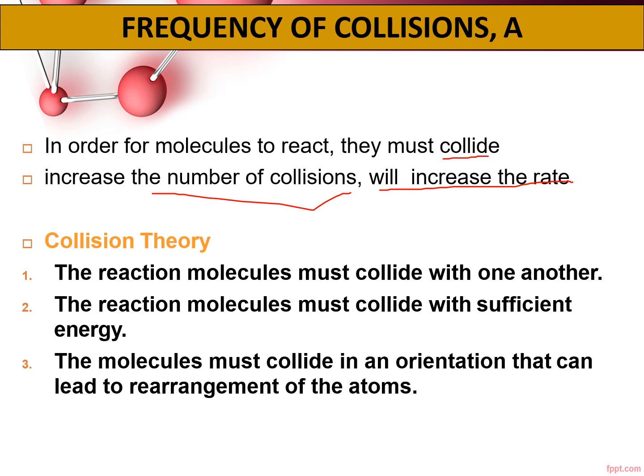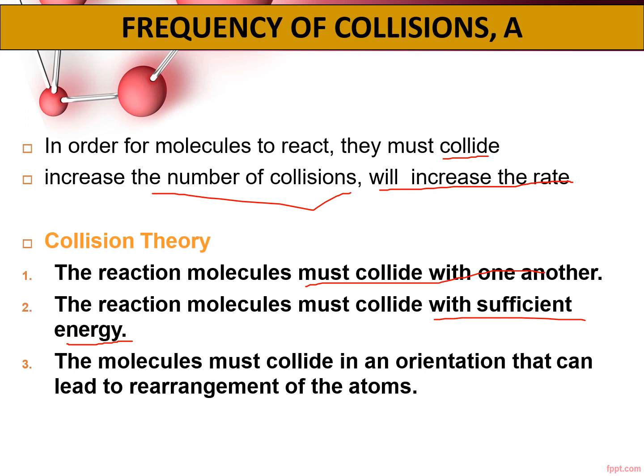So the collision theory is saying that the reacting molecules must collide with one another. Then the reacting molecules must collide with sufficient energy. If you have less sufficient energy, the number of successful collisions will be lesser as well. So we need more energy in order for a successful collision to happen.